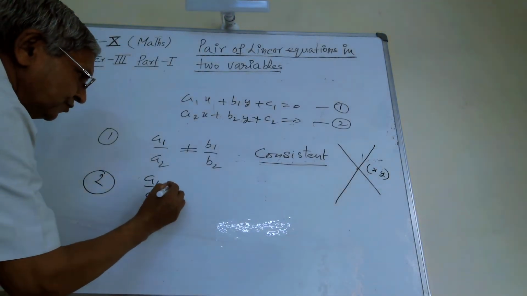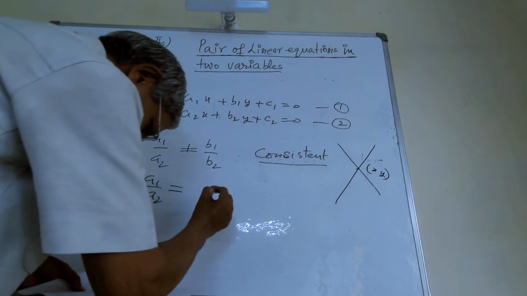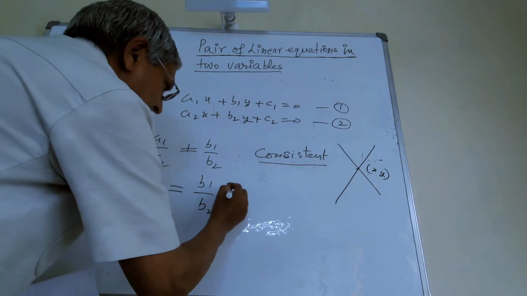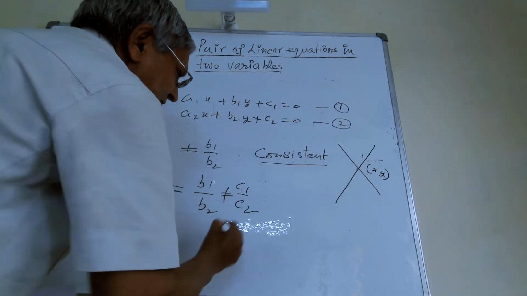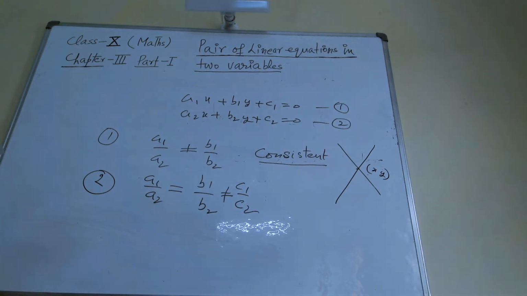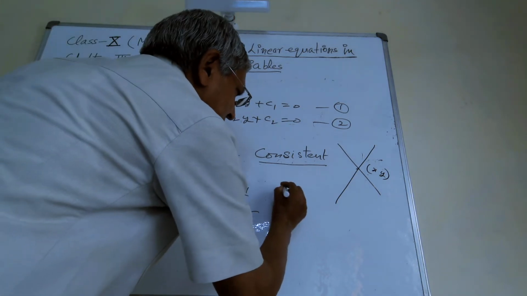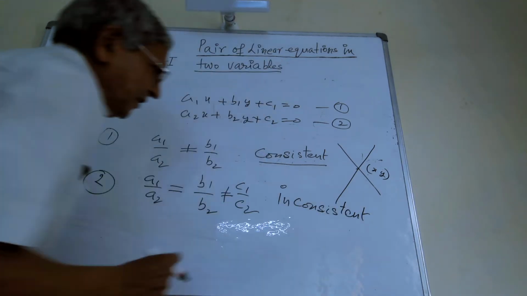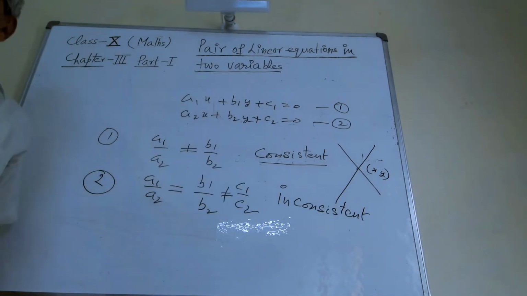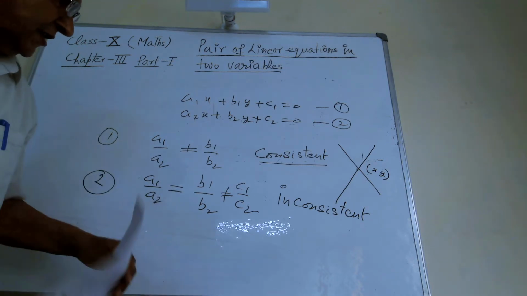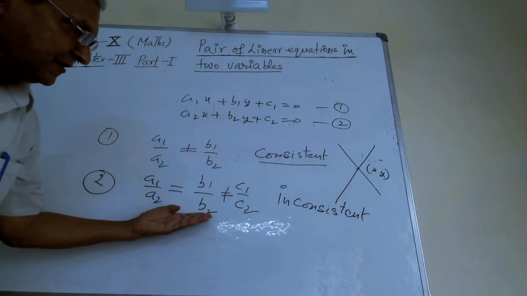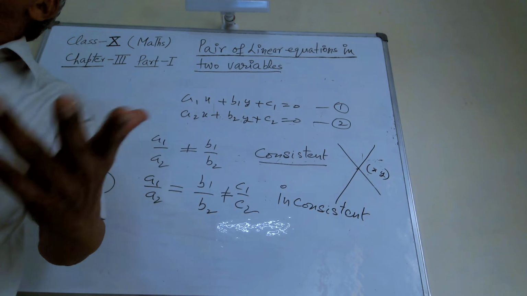Second condition: a1 upon a2 is equal to b1 upon b2, not equal to c1 upon c2. In this second condition, the equations are inconsistent. Inconsistent means these two equations have no solution.